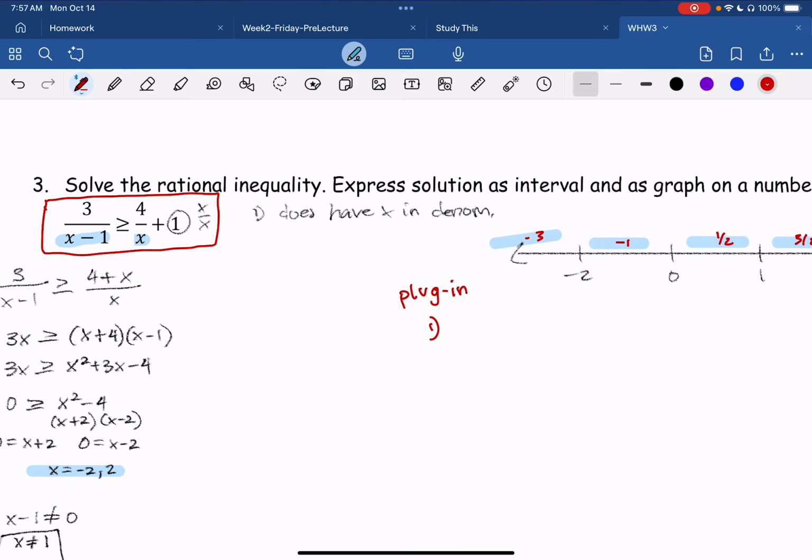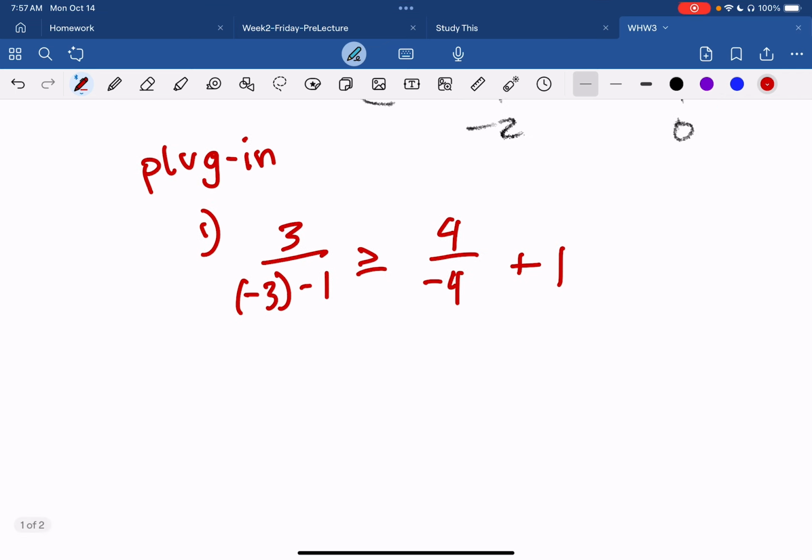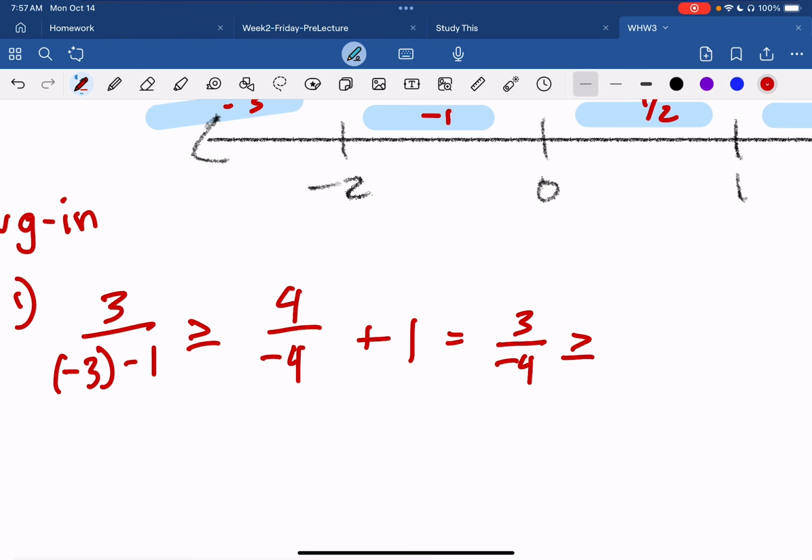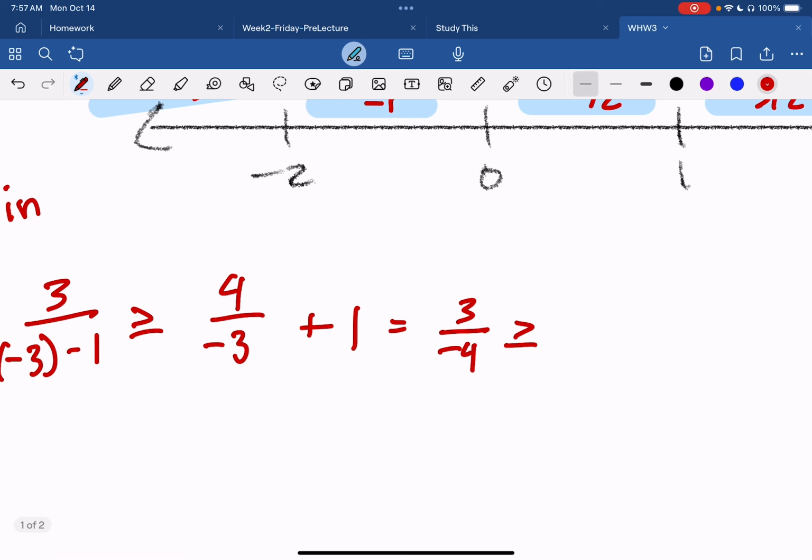So basically, I have to do 3 over -3 minus 1 is greater than or equal to -3 plus 1 over -3, which is -3/4 compared with negative 1/3.